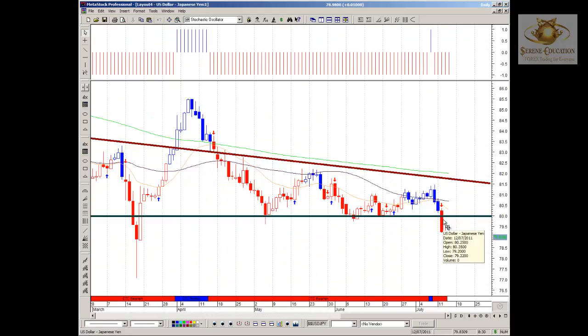However, there's talk that Japan was going to actually intervene, because the yen is now trading at levels that we saw back in early March, prior to the earthquake and the aftermath, the tsunami that occurred afterwards.